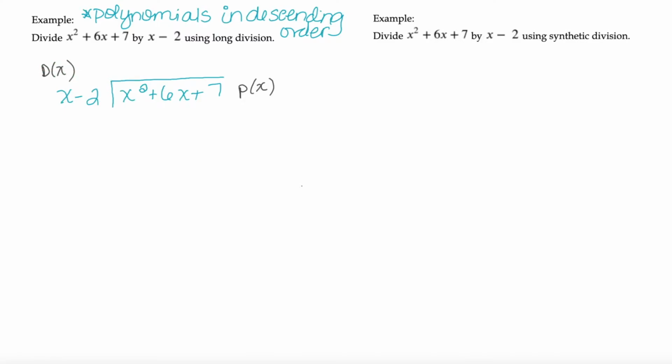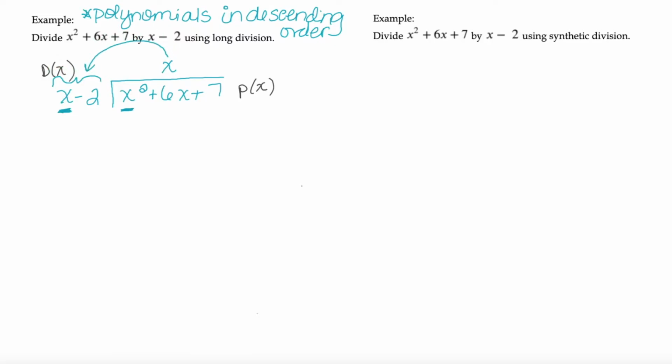So let's start by using long division. I have x. I want to make x squared from x. So to get from x to x squared, I need to multiply by x. I'm now going to take x from the top and multiply it by everything on the left.